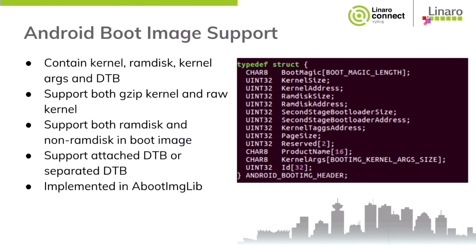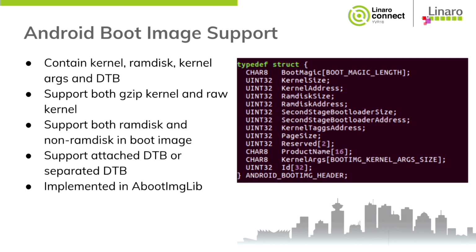And for the Android image support, in the latest version we supported the gzip kernel. Initially, we just supported the raw kernel. Now we enhanced it with the gzip kernel. We also added RAM disk and non-RAM disk support.